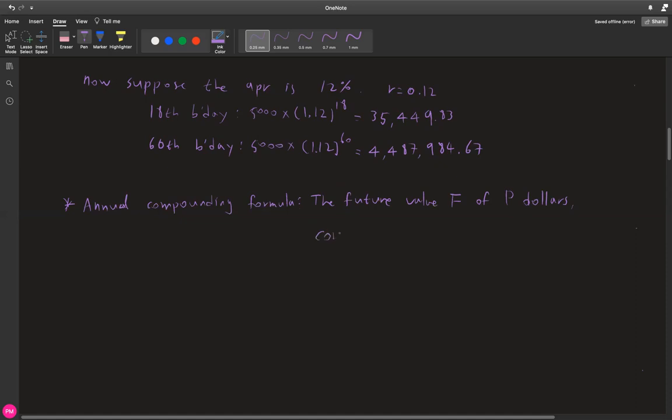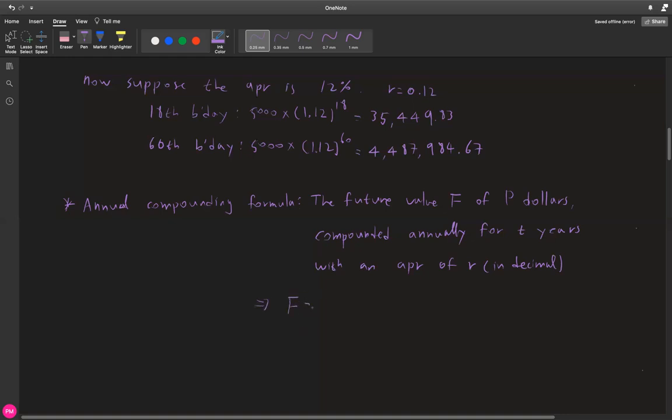And when it's compounded annually for T years, with an APR of R, in this case, R is the APR in decimal, is given as such.